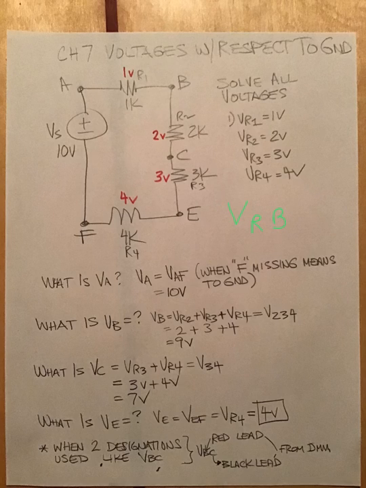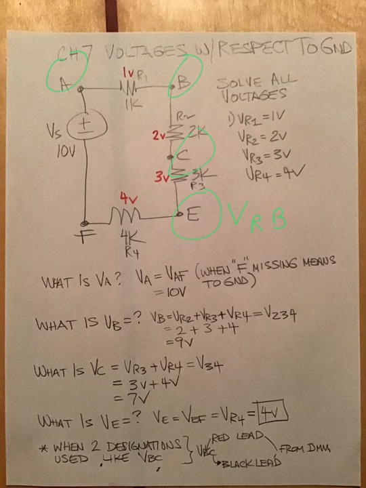We'll talk about that down at the bottom of this video. For this particular discussion, I'm talking about when they label something point A, point B, point C, point E. I don't know what happened to point D. I guess I didn't know my alphabet when I built this up, but there we go. So what is VA? I'm looking at a generic circuit with a 10-volt power supply.